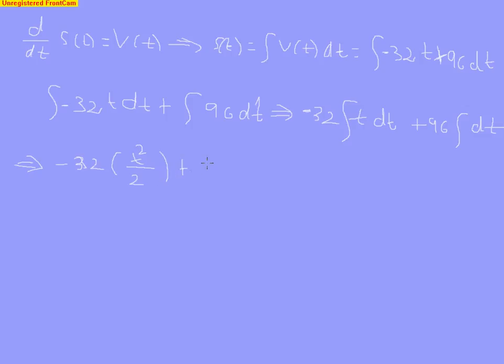Plus 96 times the integral of dt, which would be 96t, and the indefinite integral would be plus a constant c. If you simplify this, you would get negative 16t squared plus 96t plus c.